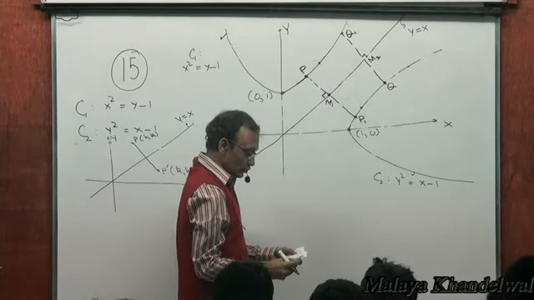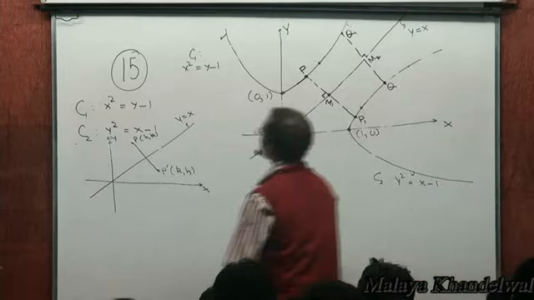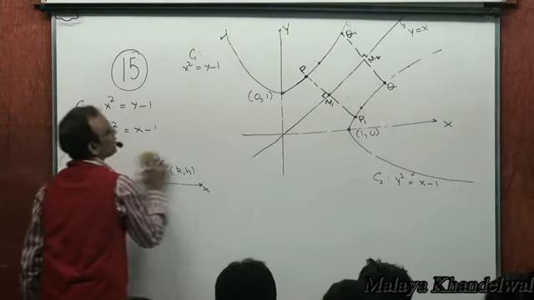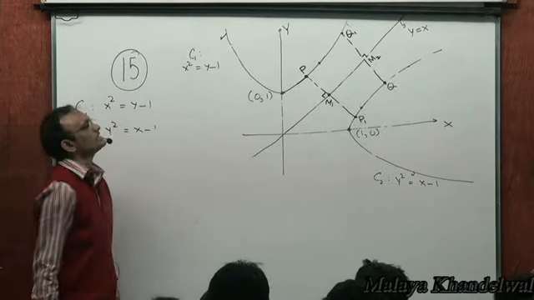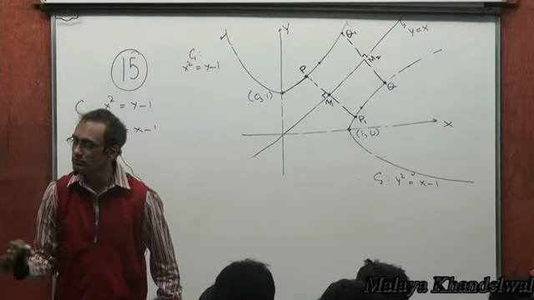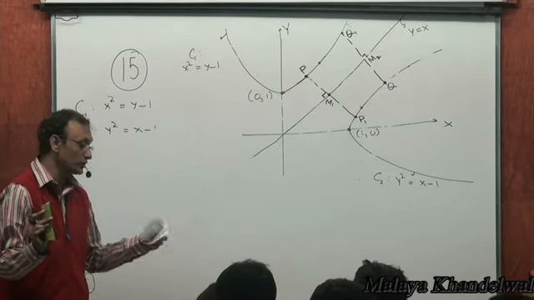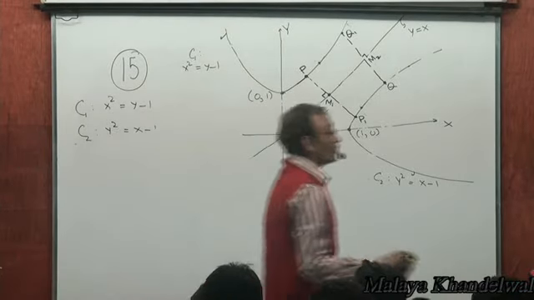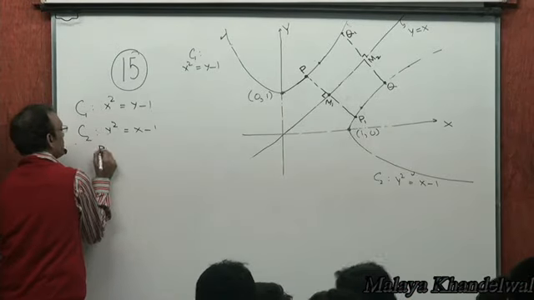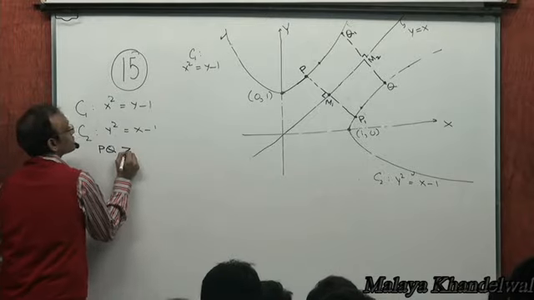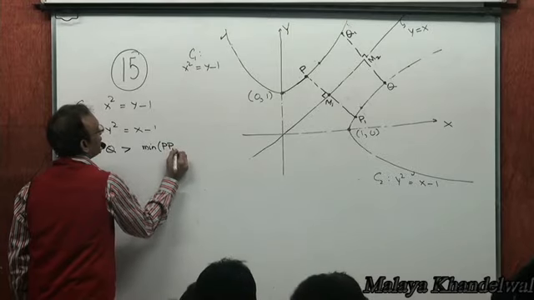Now we want to show the first part of the problem, that P1 lies on C2 and Q1 lies on C1, which is evident because the two are mirror images of each other. That's the first part of the problem, which is already taken care of. The next part is to show that for any P and Q, PQ is larger than the minimum of the two numbers PP1 and QQ1.